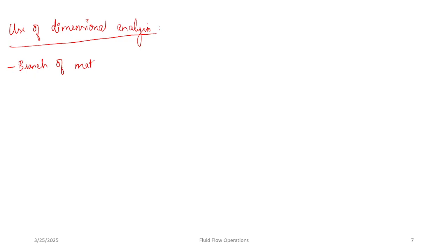And this dimensional analysis is very useful to find whether an equation of any flow phenomena is rational or not. Generally, dimensionally homogeneous equations are called rational equations. So this will be helpful in identifying if the equation is a rational equation or not.